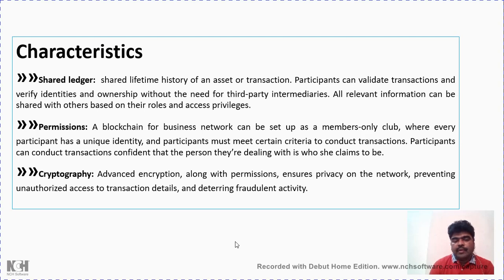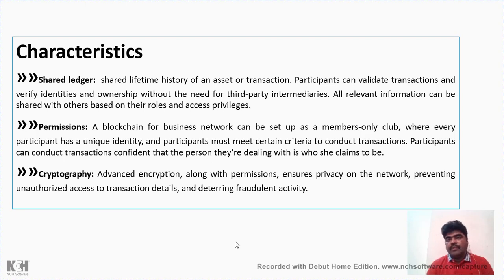And cryptography. Cryptography is the study of encryption and decryption, right? So advanced encryption along with the permission ensures privacy on the network, preventing unauthorized access to transaction details and deterring fraudulent activity.